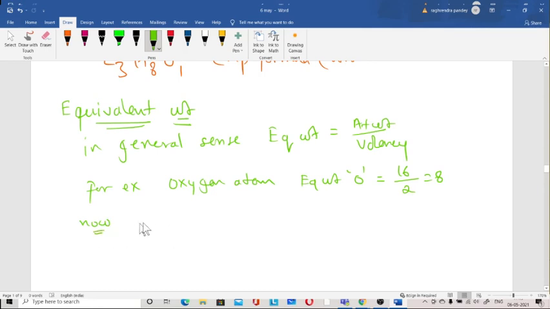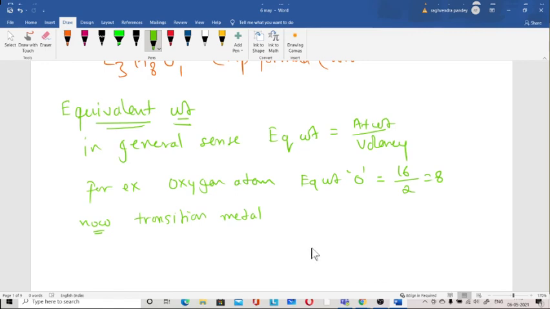Now sometimes there are transition elements. Have you learned about them? Yes, sir. Transition metals or elements. What are transition metals? Prince, why don't you speak here?